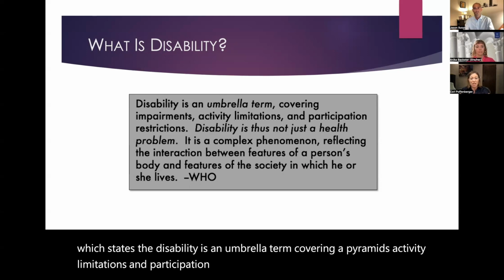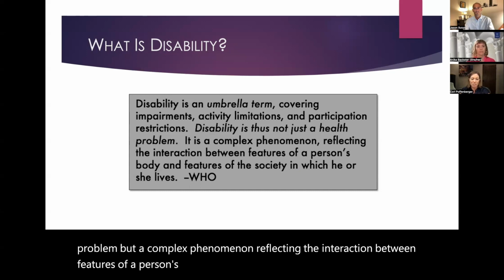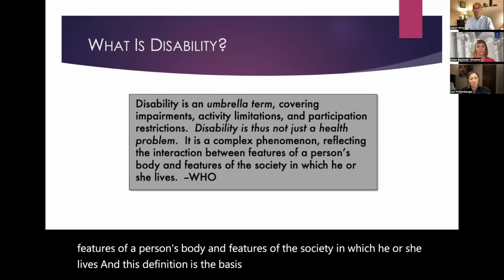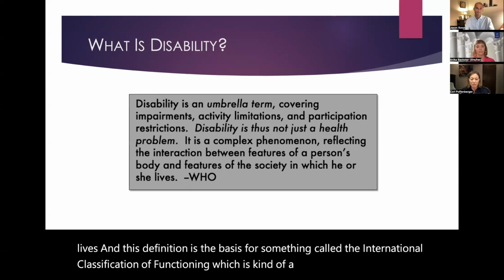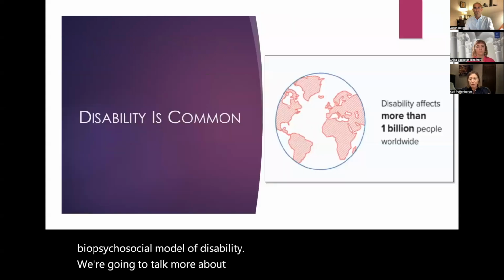Disability is thus not just a health problem, but a complex phenomenon reflecting the interaction between features of a person's body and features of the society in which he or she lives. This definition is the basis for something called the International Classification of Functioning, which is kind of a biopsychosocial model of disability. We're going to talk more about disability models in just a minute.